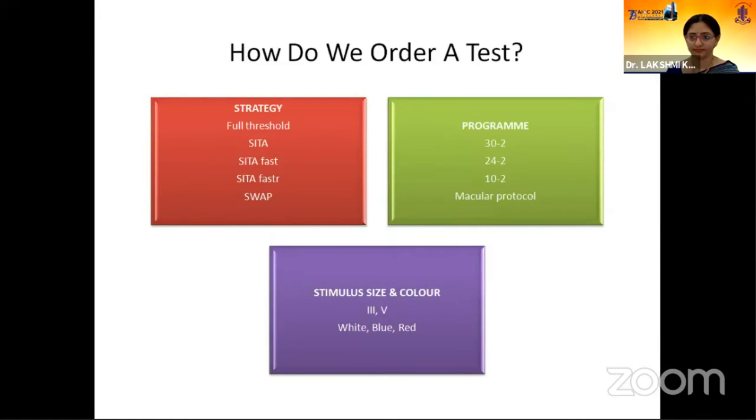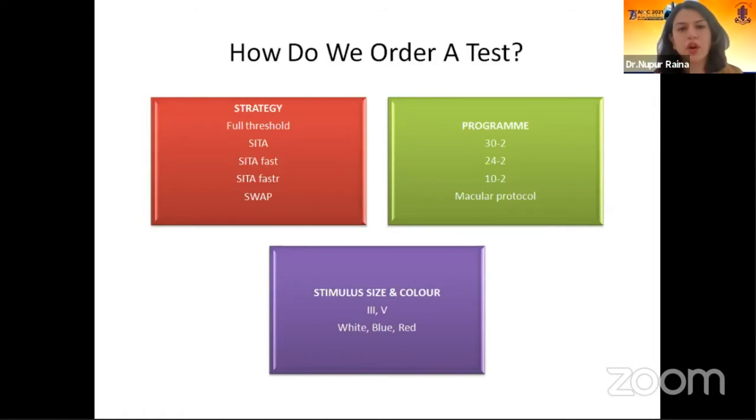After that, we need to tell the perimetrist the kind of program that we want to be done. This depends on the kind of visual field defect that we're expecting and the area that we want to test. So a 30-2 field tests the central 30 degrees of the field. A 24-2 will test the central 24 degrees. A 10-2 will test the central 10 degrees.